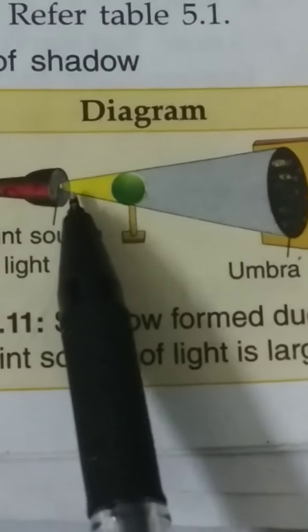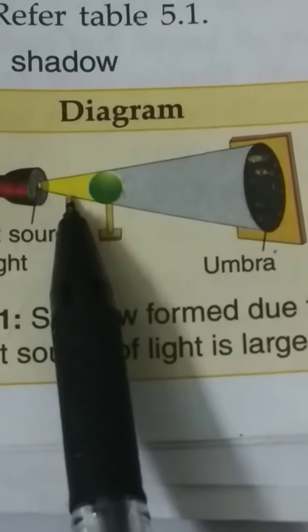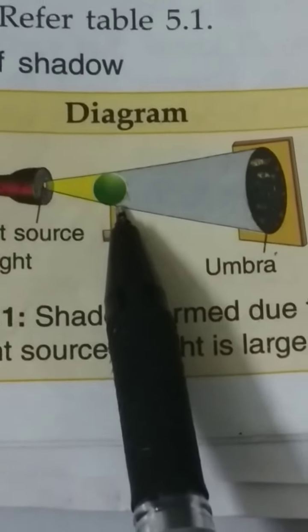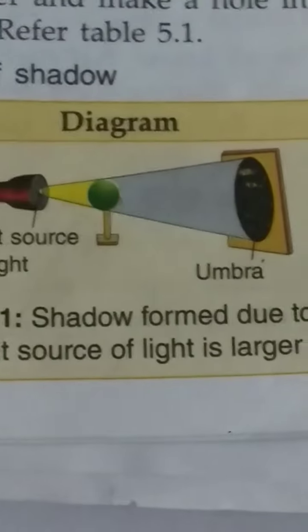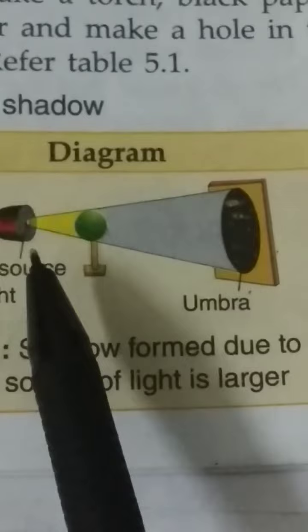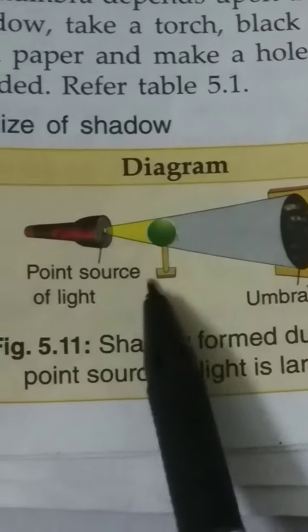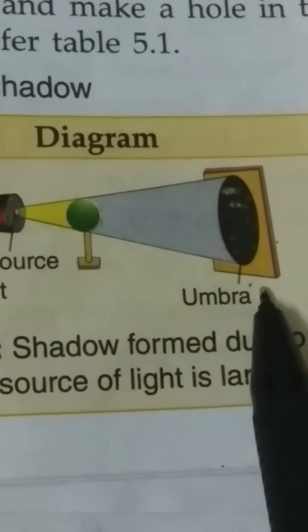When light comes from the torch, it falls on the opaque object, that is a ball, bigger than the size of this light source, and we have a screen. When light comes from the point source, a uniformly dark region called umbra will form, which is larger than the size of the object.